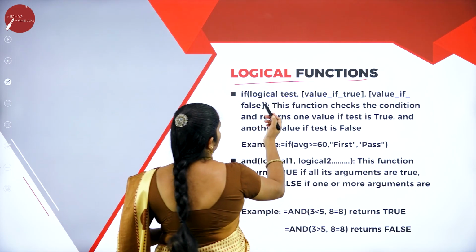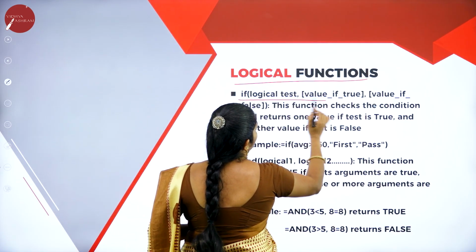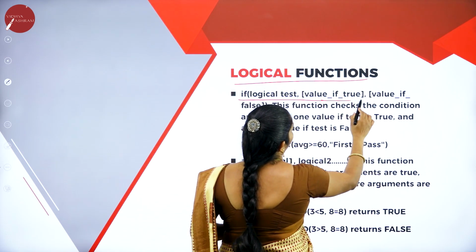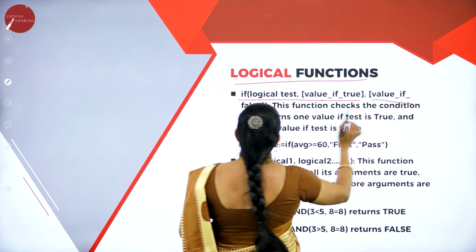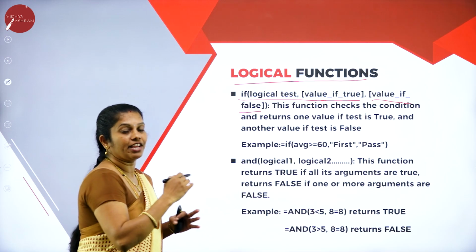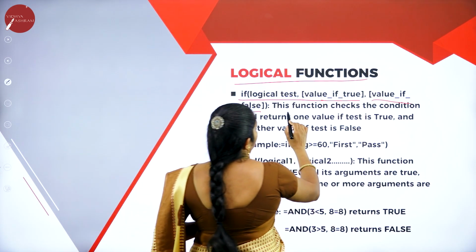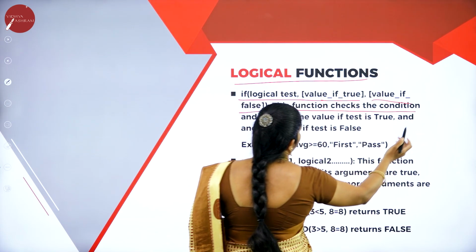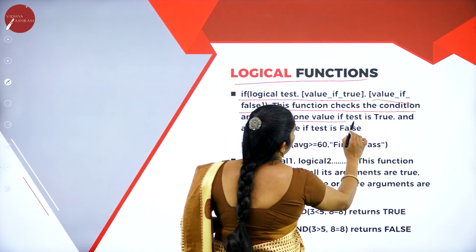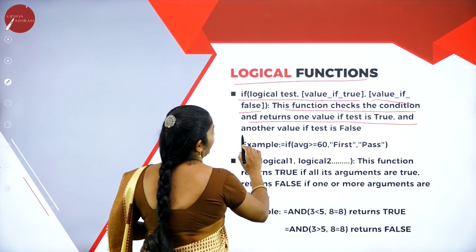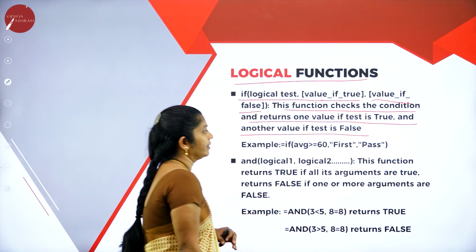Especially here, IF: logic test condition, value if true, value if false. It means for an if condition, we use this logical function. This function checks the condition and returns a value if the test is true, and otherwise returns the false value.